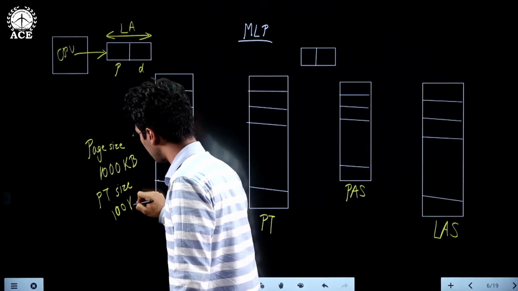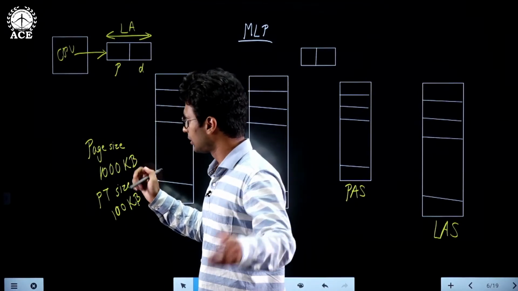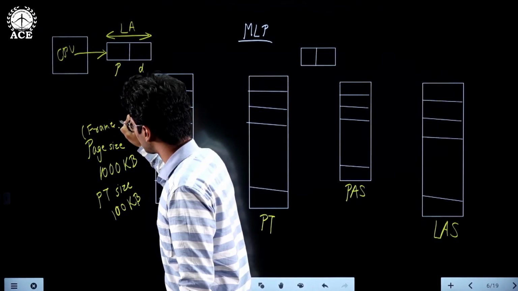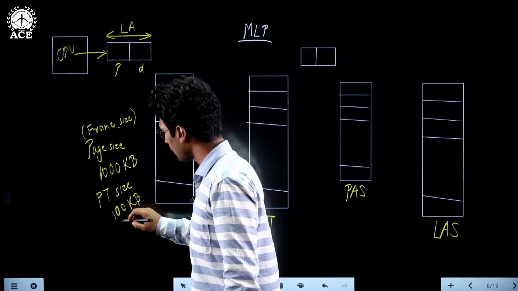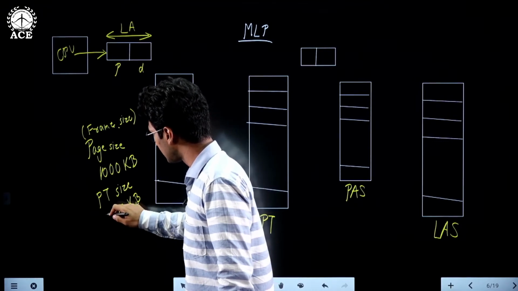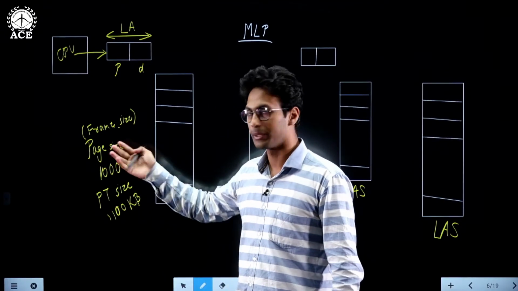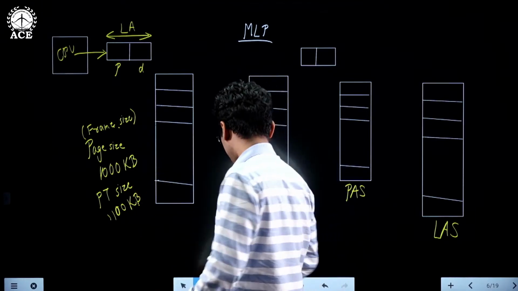Your page table will fit in a page, or frame. No need to worry. But what if your page table size is 1100 KB? Your page table won't fit in a page or frame, isn't it? You'll have to do further paging. So that is the concept of multi-level paging.